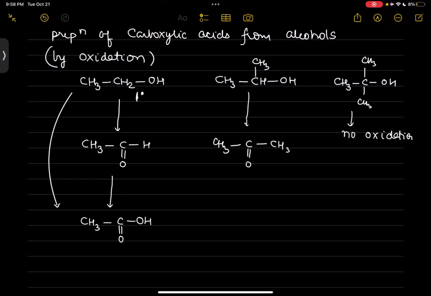So can you give me some oxidizing agents which have a lot of oxygen in them? What are those oxidizing agents? Hydrogen peroxide. Hydrogen peroxide is also an oxidizing agent. Very good. That is not wrong, but oxidation of alcohols is commonly carried out by more strong oxidizing agents, that is K2Cr2O7, acidified potassium dichromate. Got it?